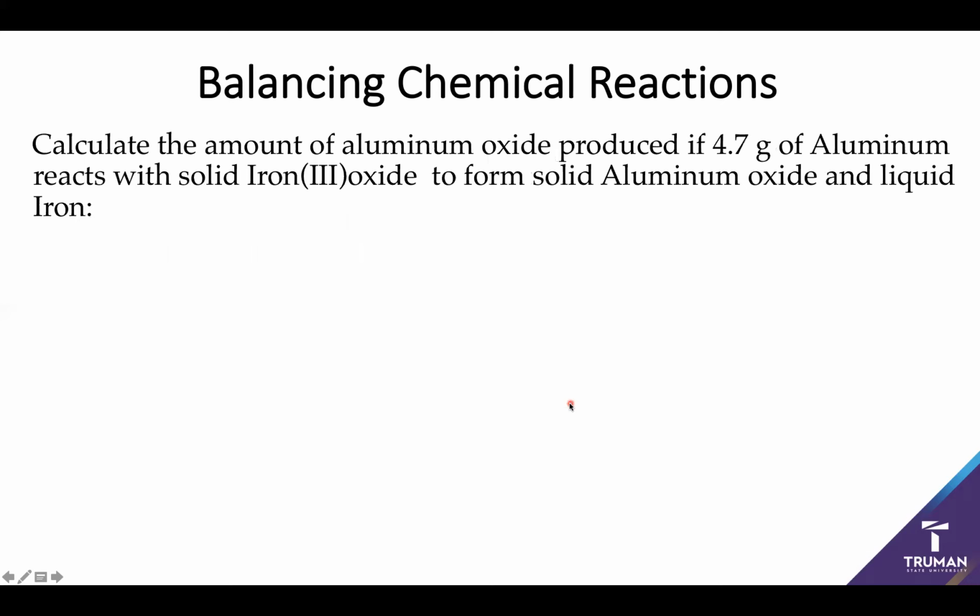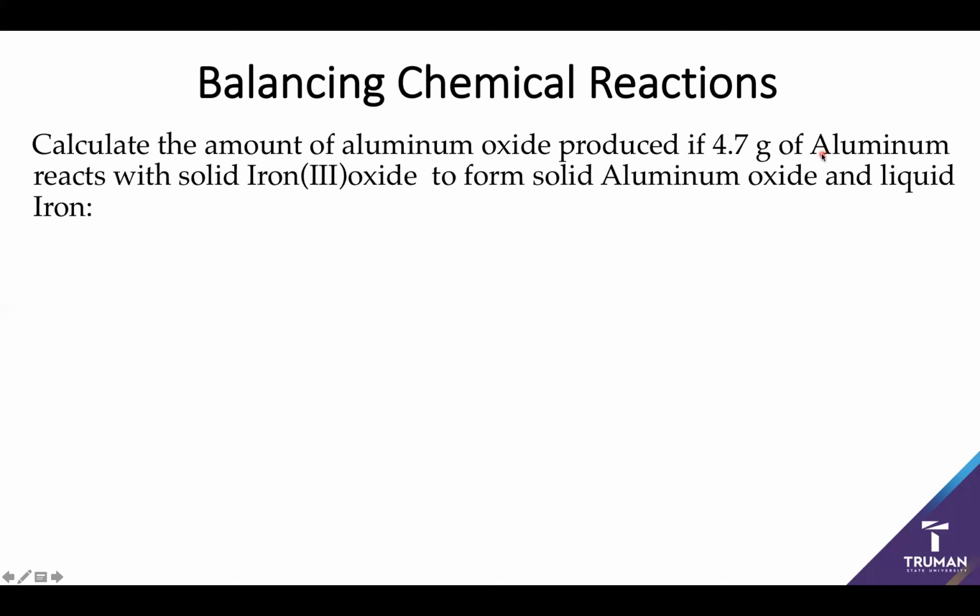So let's try and calculate the amount of aluminum oxide produced if I start with aluminum, essentially metal, and solid iron 3 oxide, and I'm producing liquid iron and aluminum oxide. Now, the first thing we need to do is actually write down the skeletal reaction, and this one's really messy, which all too often they are.